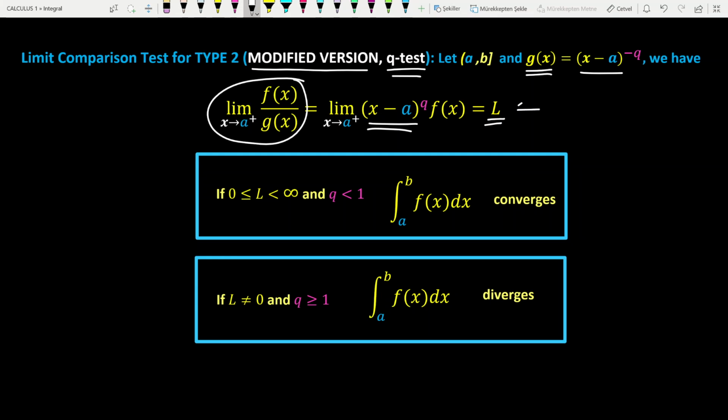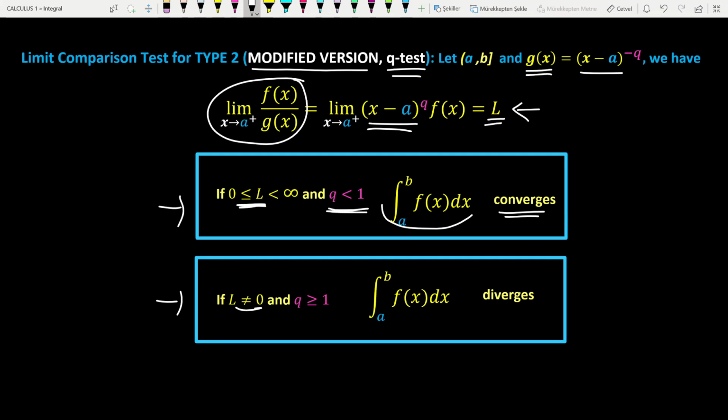According to the answer, we have two cases. In the first case, if L is 0 or any positive finite number, and if Q is smaller than 1, the given improper integral of f converges.